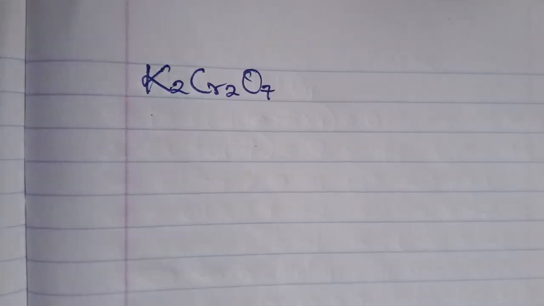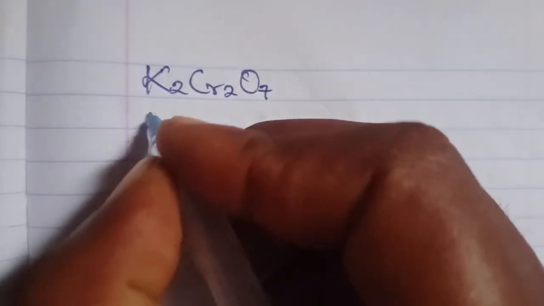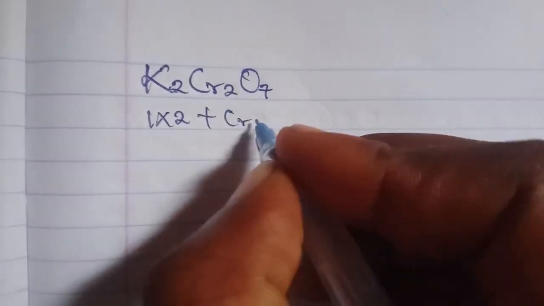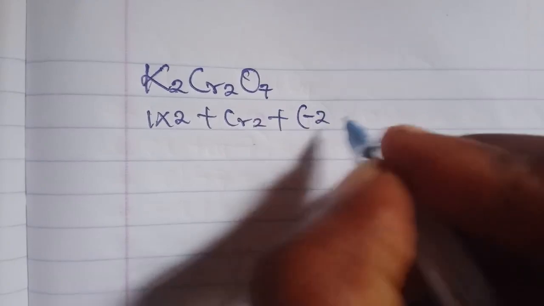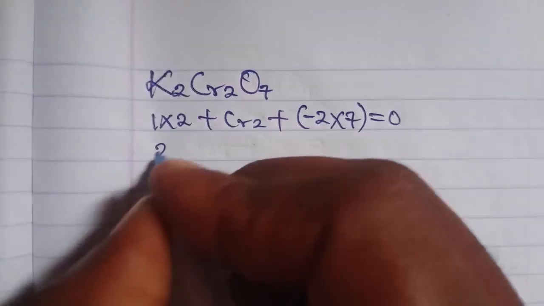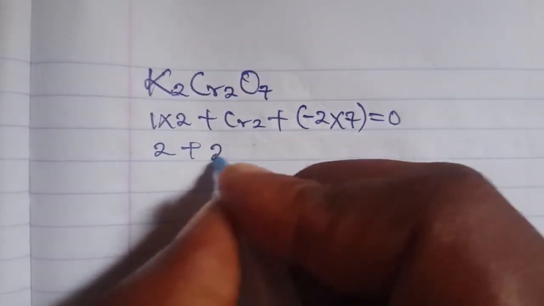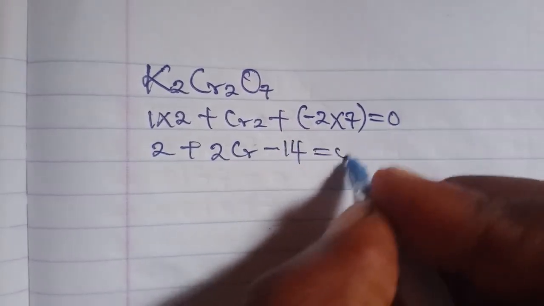Let's find the oxidation number of chromium in this compound. This is 1 times 2, plus chromium, which is 2 times, plus negative 2 times 7, all equals 0. Now this is 2 plus 2 chromium, negative 14 equals 0.